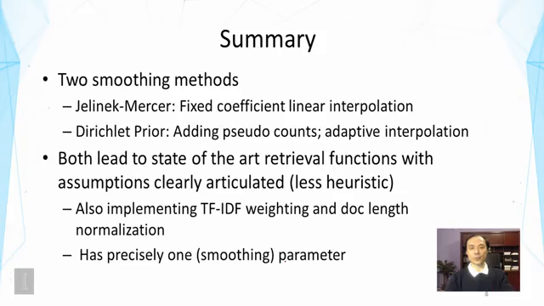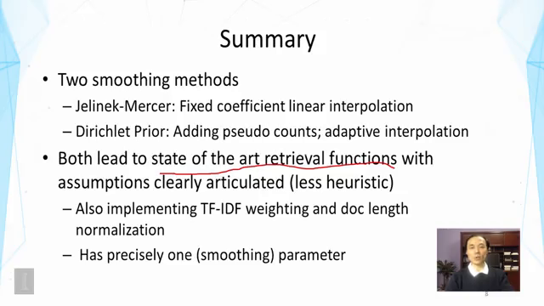So they are less heuristic. Experimental results also show that these retrieval functions are very effective, and they are comparable to BM25 or pivoted length normalization. So this is a major advantage of probabilistic model, where we don't have to do a lot of heuristic design. Yet in the end, we naturally implement the TF-IDF weighting and document length normalization.